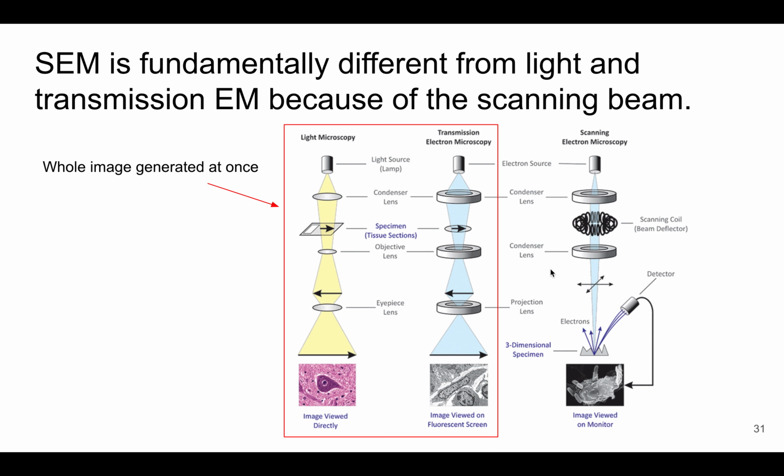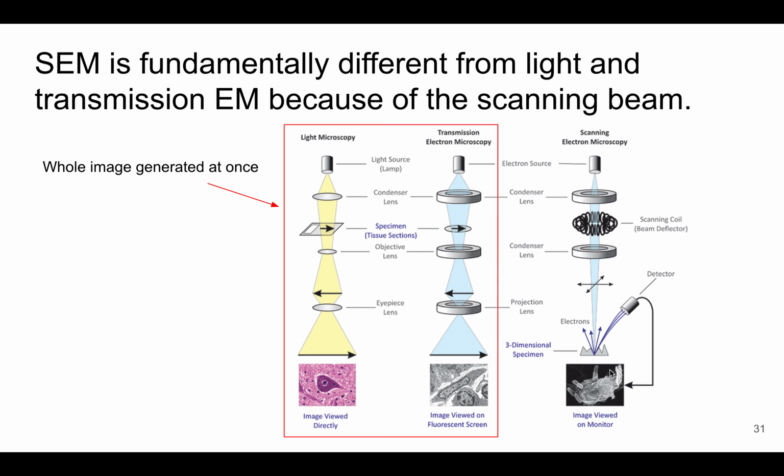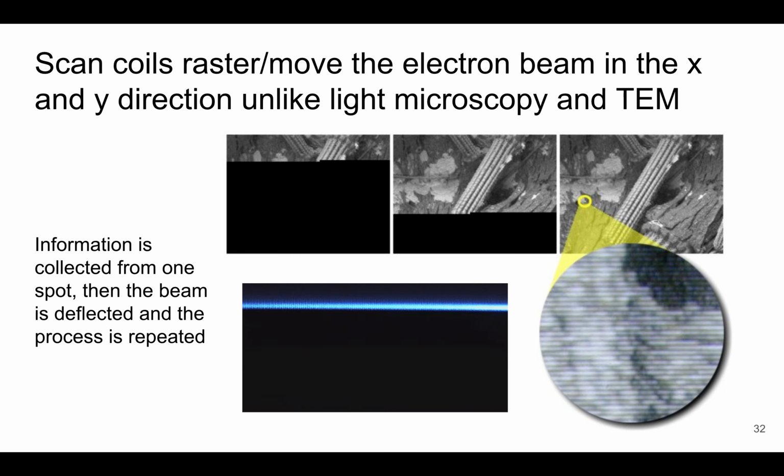But scanning electron microscopy is inherently different because we take a fine beam and scan that, as the name implies, across the surface in order to generate the whole image. So we're only collecting information from one small region at a time, and we're building that up by scanning across the image. So that's inherently what makes this different. And this next one basically shows us how that's done.